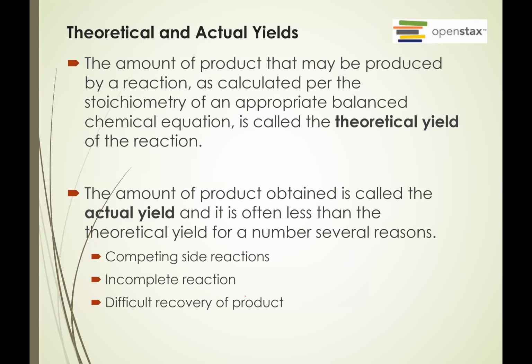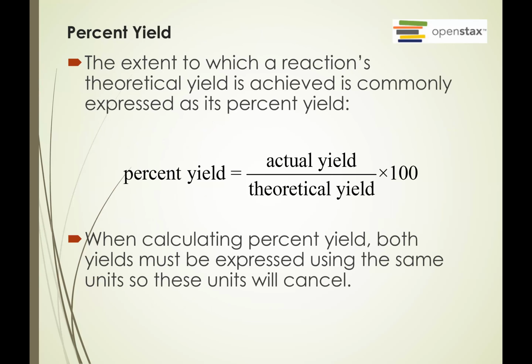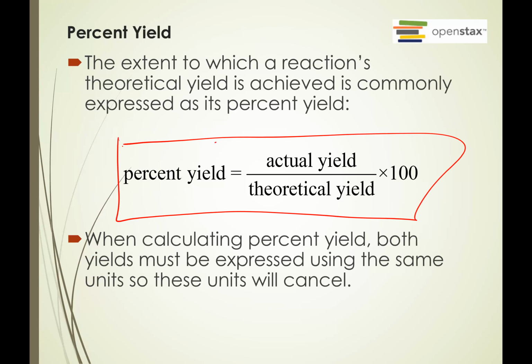So how we figure out the percent yield, with the actual yield and the theoretical yield, is we use this. Percent yield is the actual over theoretical. The percent yield is how close did you get to the theoretical yield. That's what the percent yield is telling us. How close did we get to what we should have gotten?